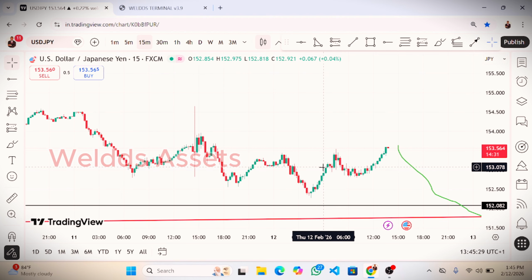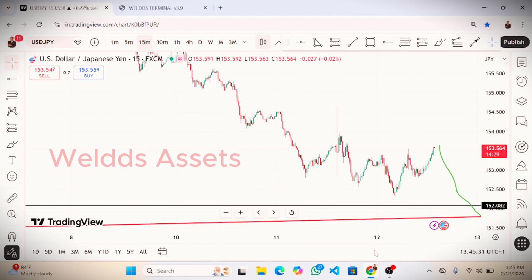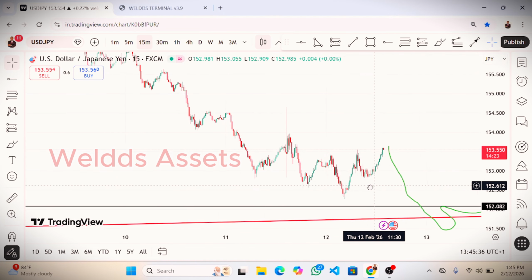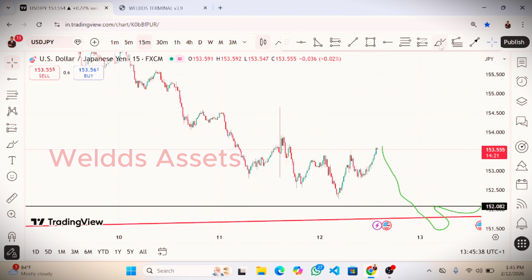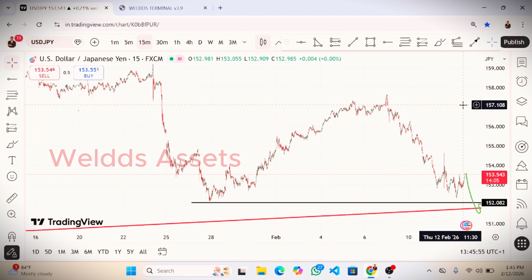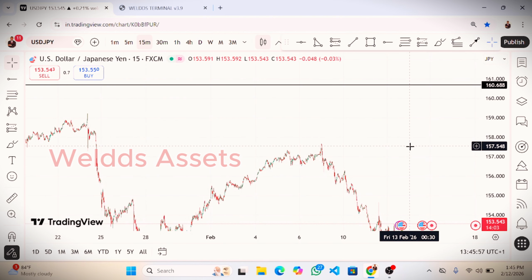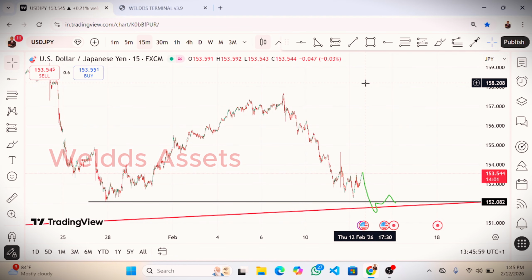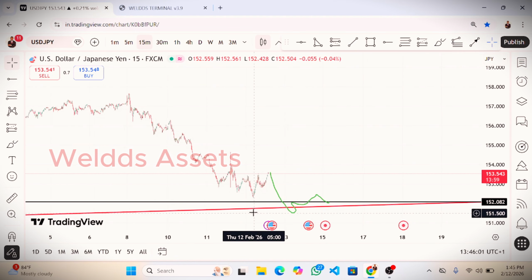Although it is on the 15 minutes time frame, which is prone to a lot of noise, I could see clearly that there is a sign of change of direction. But the possibility is still there that this can push back before that final movement. But I've already taken a starter position around this zone. The distance to the take profit far outweighs the distance to the stop loss. So that is for US dollar Japanese yen.